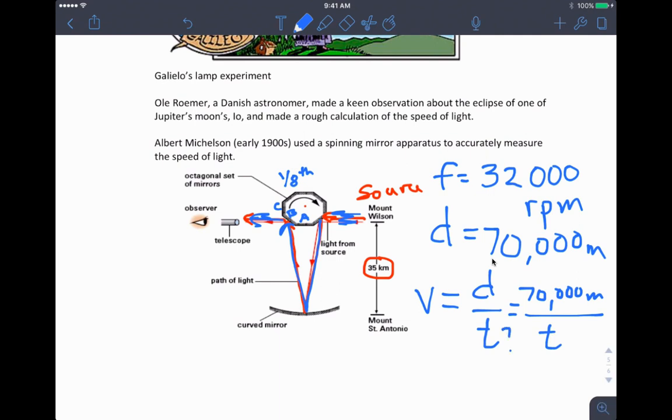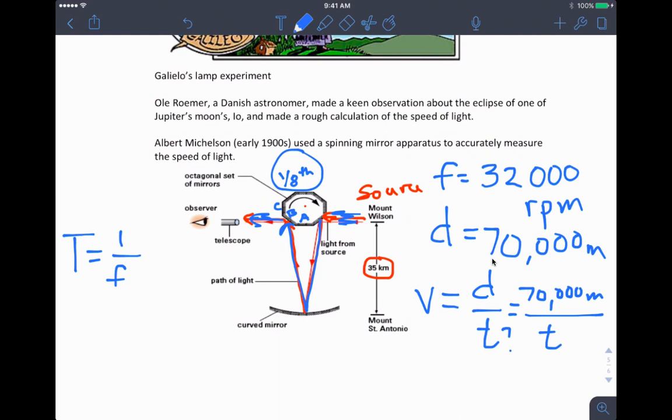Well, it's the time that it took for the mirror to rotate 1/8 of its period. So we need to find what the period is. I'm going to move over here. The period is equal to 1 divided by the frequency. The period is the time for the mirror to go all the way around once. The little catch here, if you see RPMs, 32,000 RPMs, that's rotations per minute, and we need rotations per second.